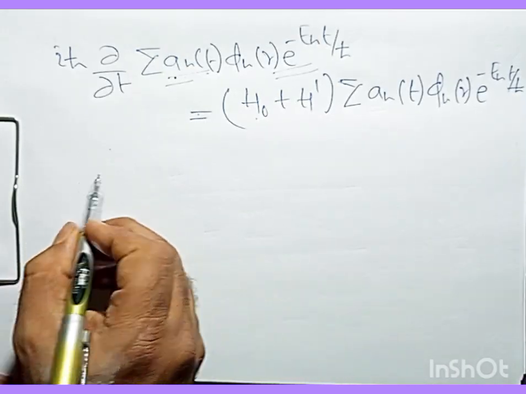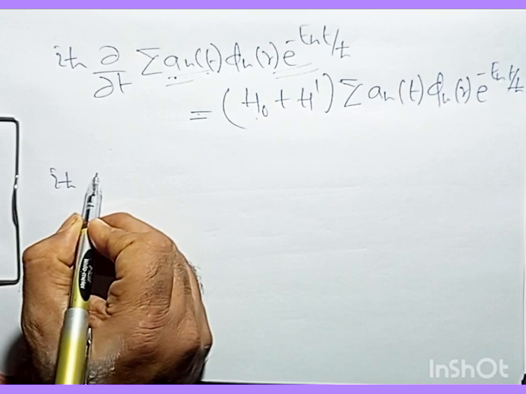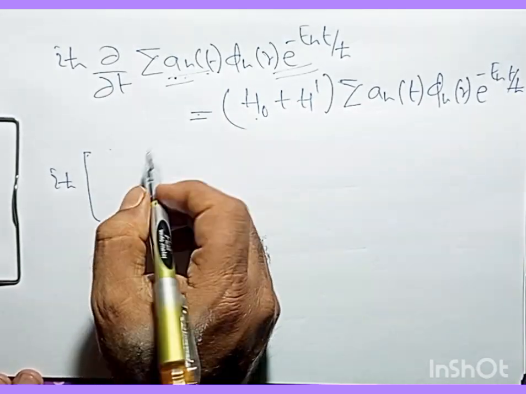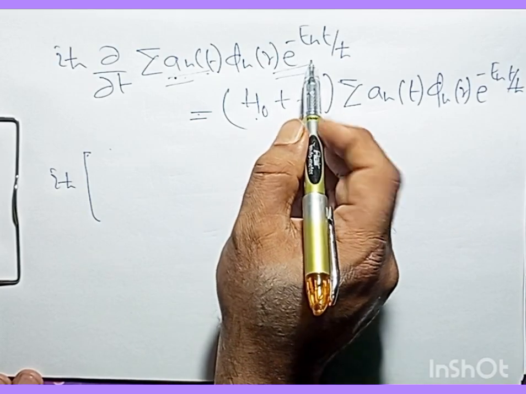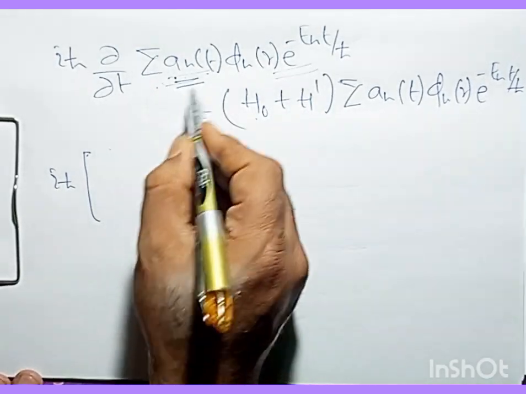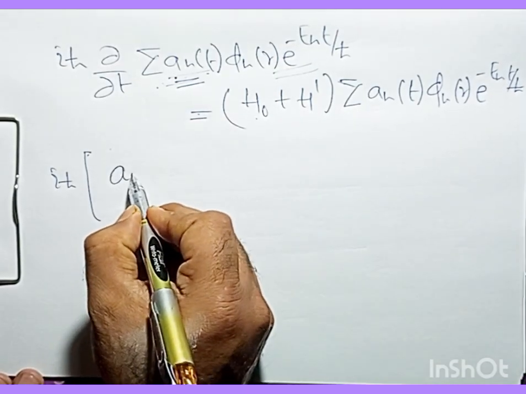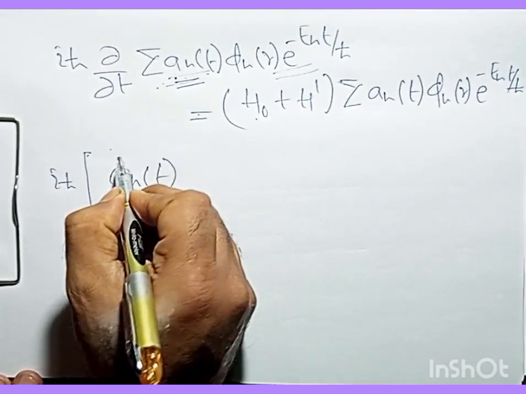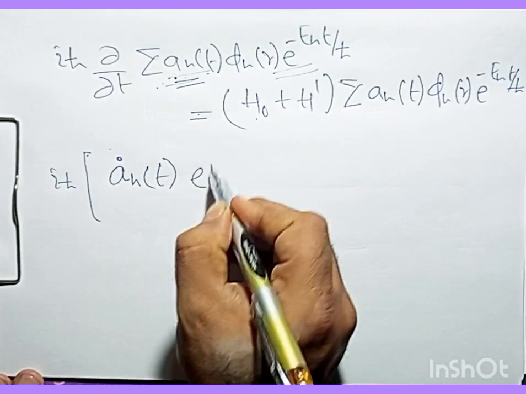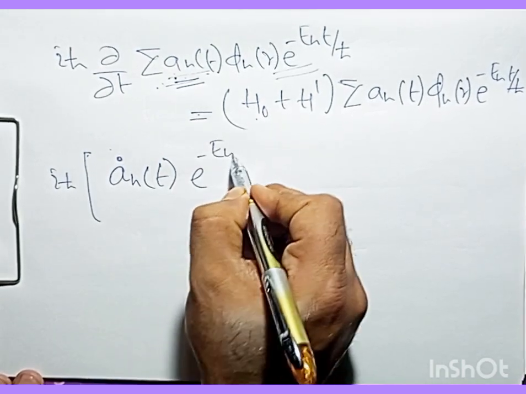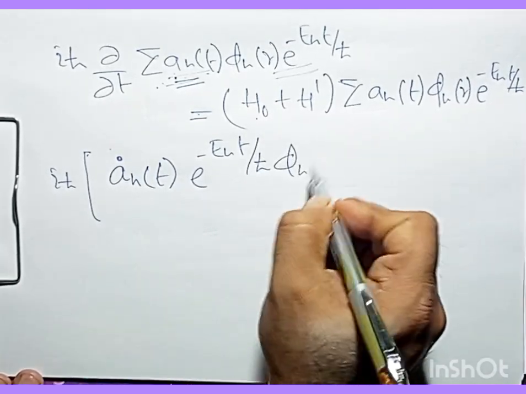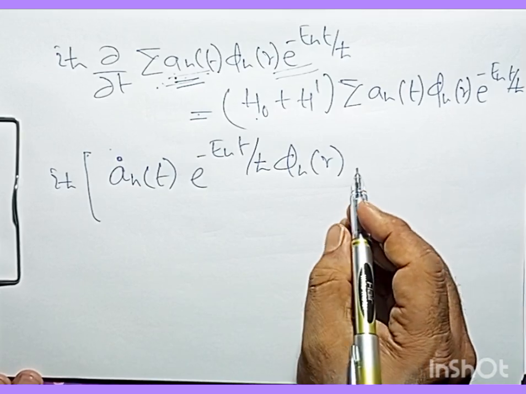So in doing so, I will have i h cross, and let's use some brackets. I would like to differentiate this first. Its differentiation will give a_n dot of t, and the exponential function will remain like this, e to the power of minus i E_n t by h cross, while φ_n of r remains like a number because it's a constant.